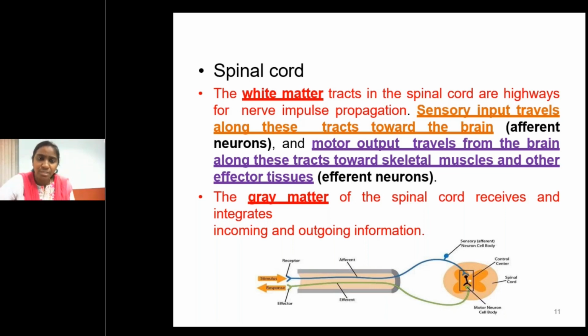Both sensory and motor, and some nerves are mixed. Some are only sensory nerves, some are only motor nerves, and some nerves act as mixed, meaning both sensory as well as motor functions.